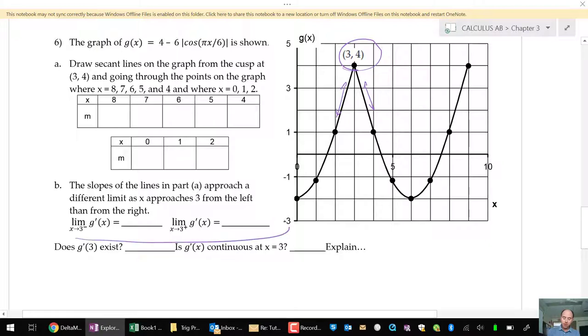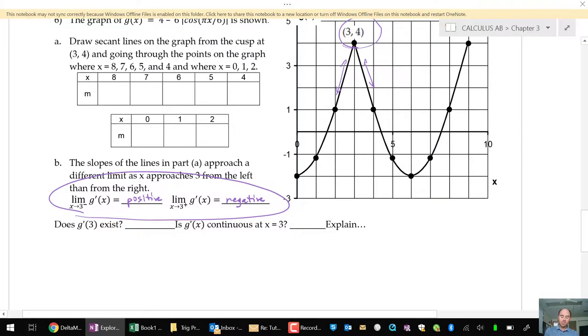So here, these two limits, this one being from the left, I'll just say positive, and the other one from the right being negative. There is no limit that exists right there, so g prime of 3, the derivative, also does not exist, because the limits from the left and the right side of the derivative don't match.